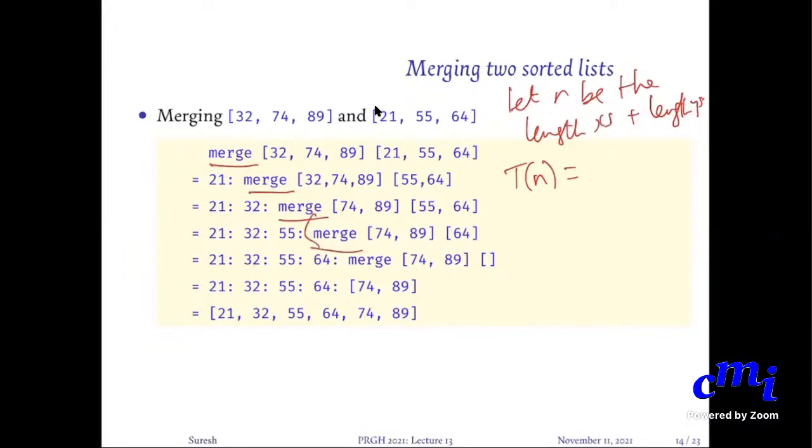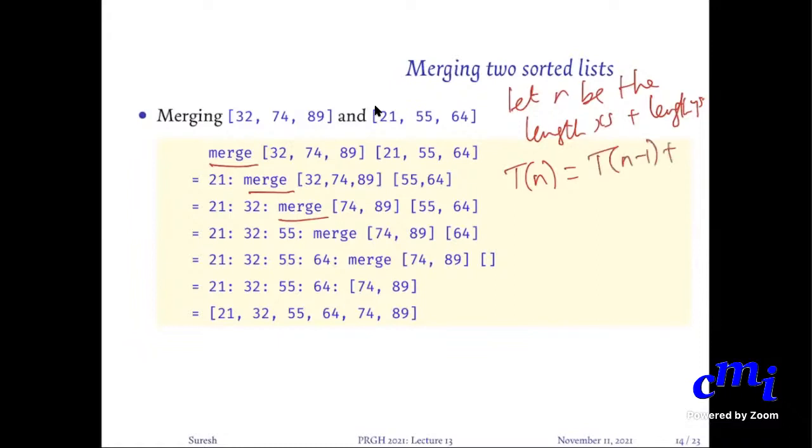And when you make the recursive call, look at the sum of the lengths of the two arguments. Here it is 6, here it is 5, here it is 4, etc. So the sum of the lengths keeps decreasing by 1 every time you make a recursive call. So T of n equals T of n minus 1 plus, what is the extra work you do?